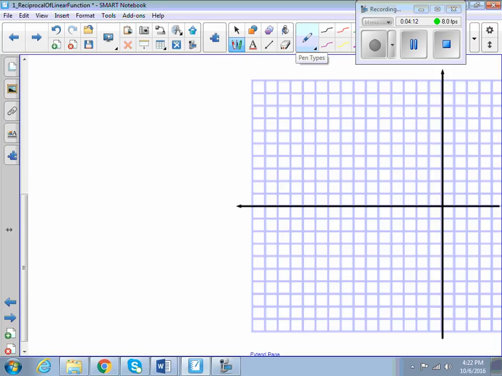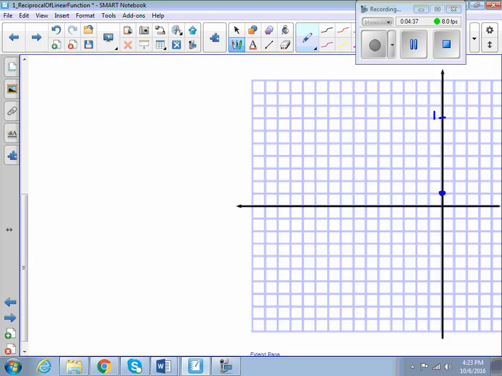My y-intercept is 1 over 7. So I'm going to put my scale for my y-axis as 7 units representing 1: 1, 2, 3, 4, 5, 6, and then that's the 7. So that would be my 1 unit, and 1 over 7 is here. That's my y-intercept.